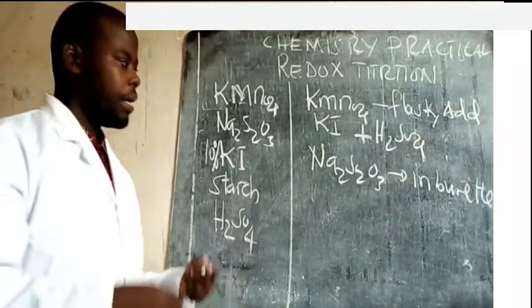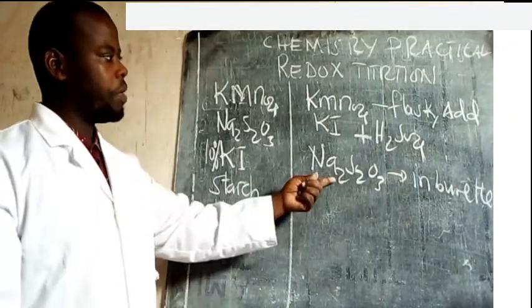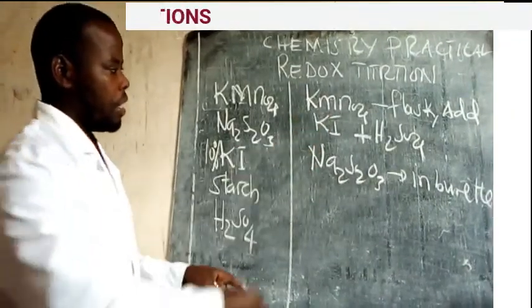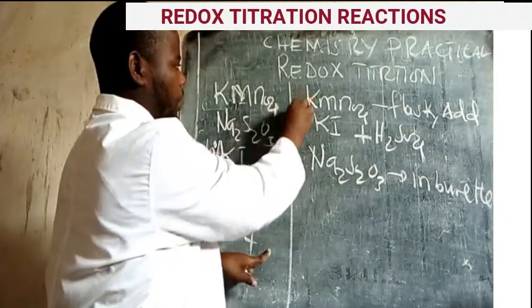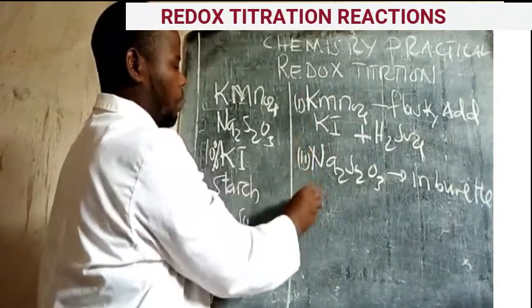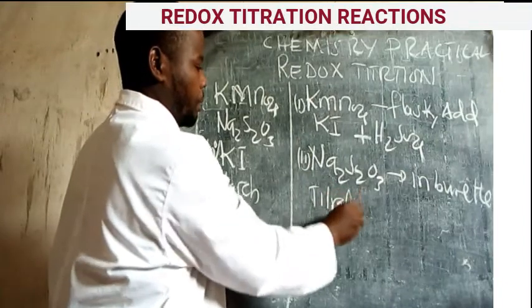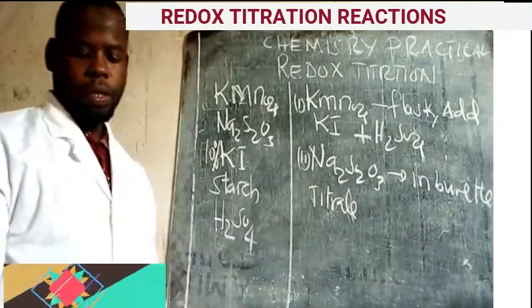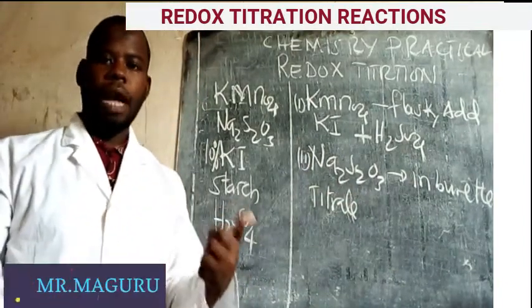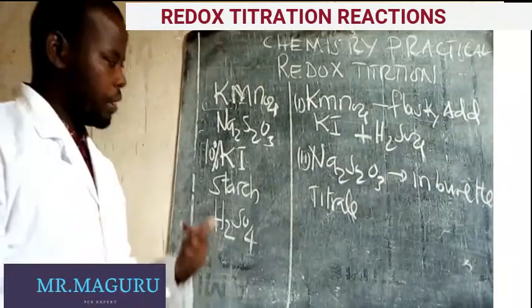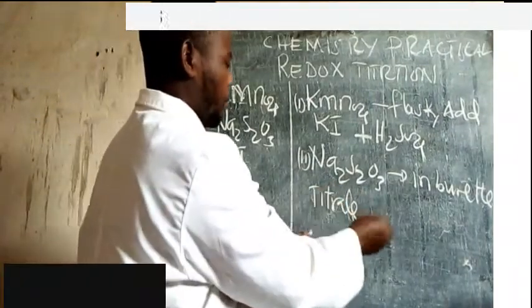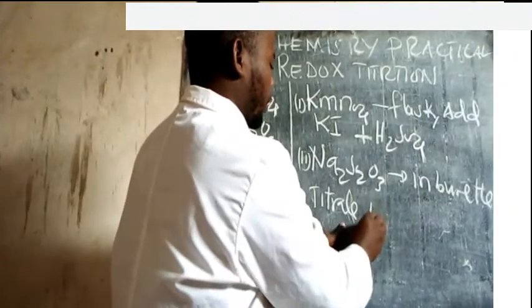Then after putting this in a burette and this in a conical flask, we have to titrate. This is 1, this is 2. We are going to titrate the liberated iodine with the sodium thiosulfate.